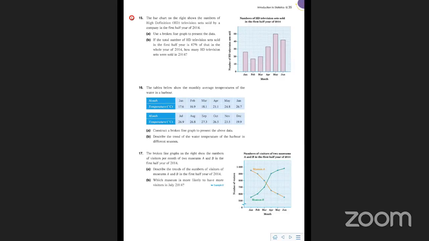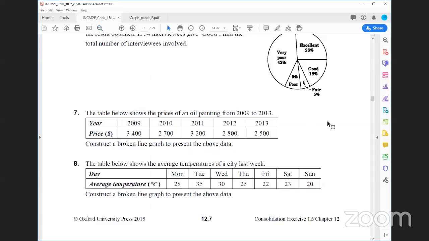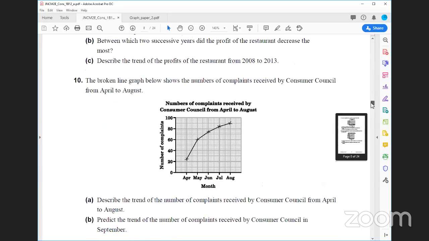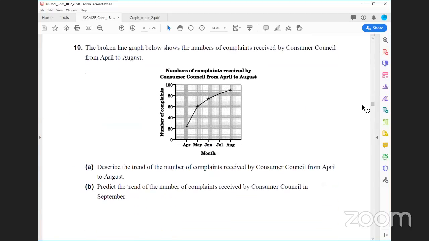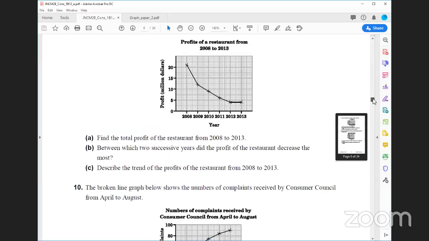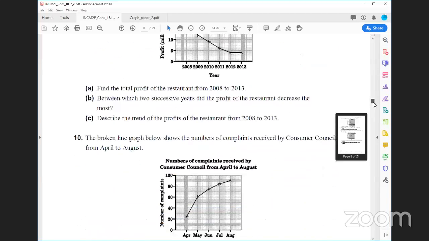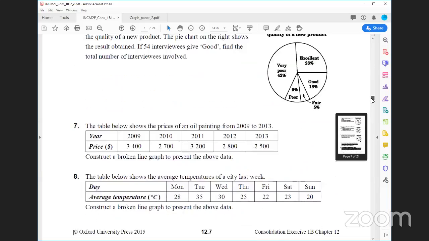Now in this case, maybe we don't look at this one. We look at a simple question first. Now for the numbers, move very quickly.